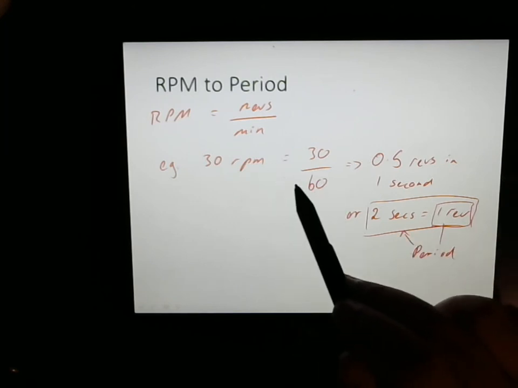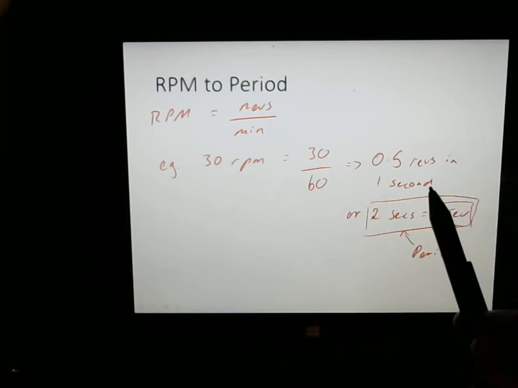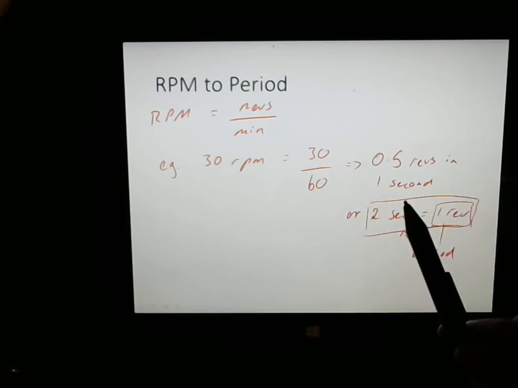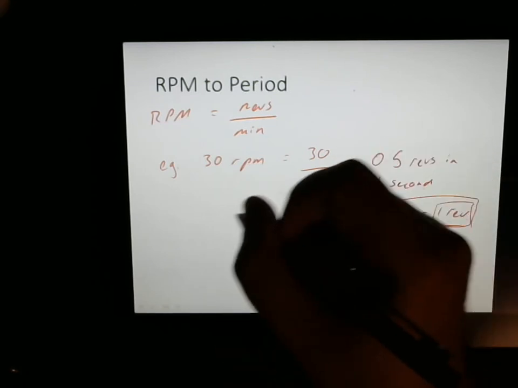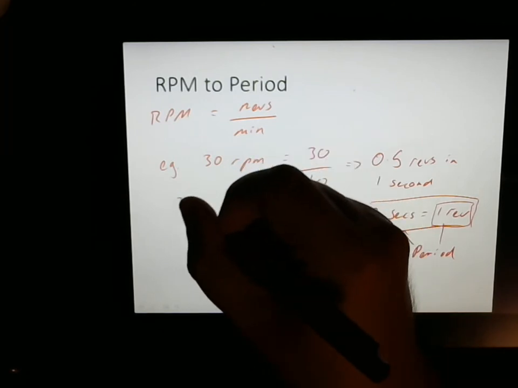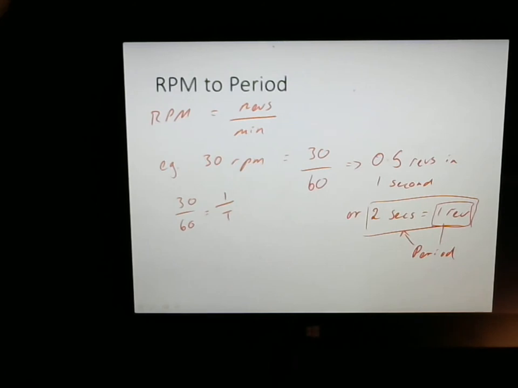So how did we do that? The working out is not terribly difficult, but I don't really want to stress about it too much. This was 30 over 60 equals 1 divided by T, because I had to flip it over the other way.